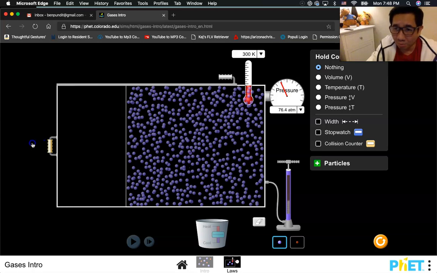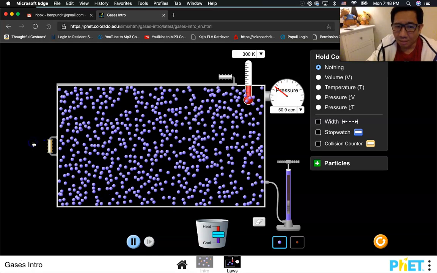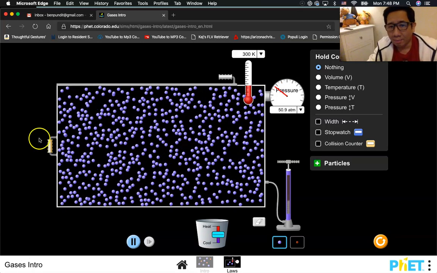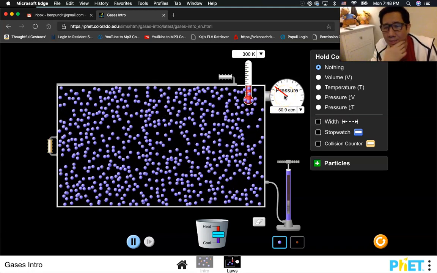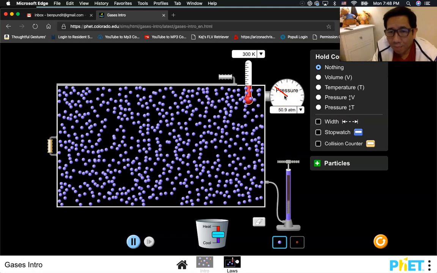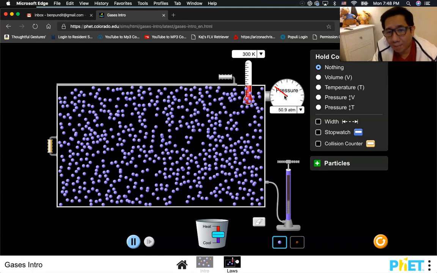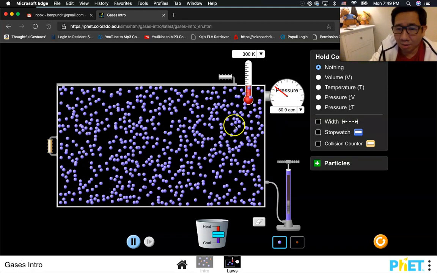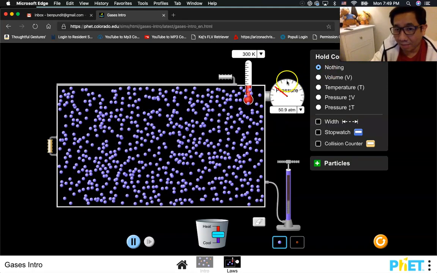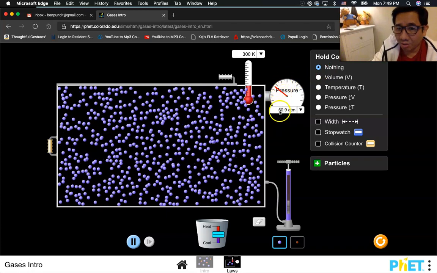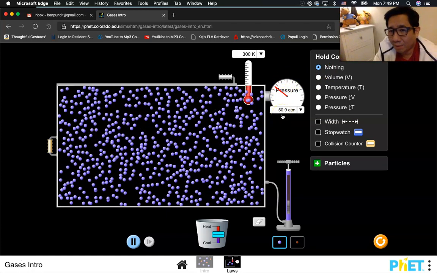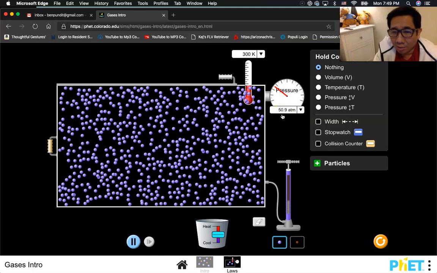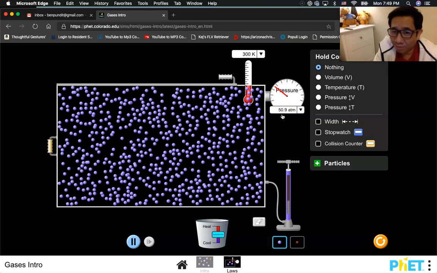Just like when you pull down that diaphragm, your lungs become bigger. But look at what happened to the pressure. Your pressure inside your lungs dropped. It went from 74 down to 50.9, so 51.